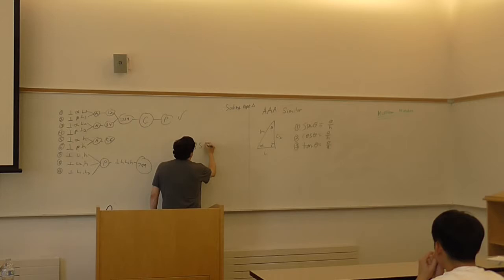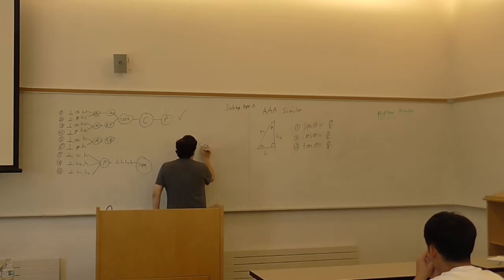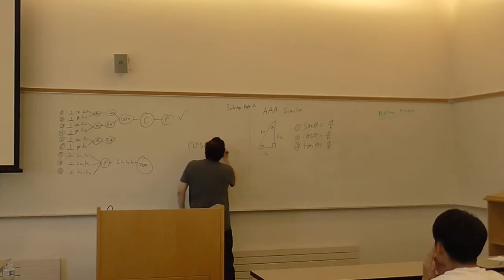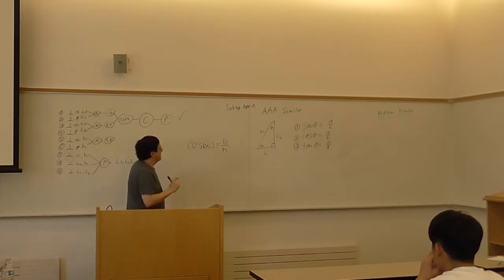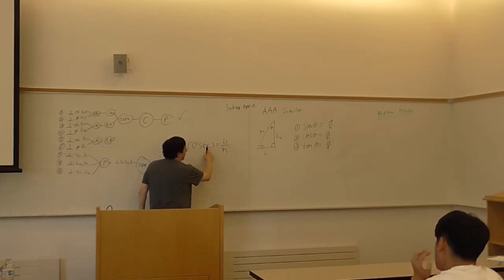Cosine of, what do we know here? We know alpha. We know beta too, but we'll say alpha. So the cosine of alpha is what? That's L1 over H. And what do we know? We just know H. But we know alpha, right?